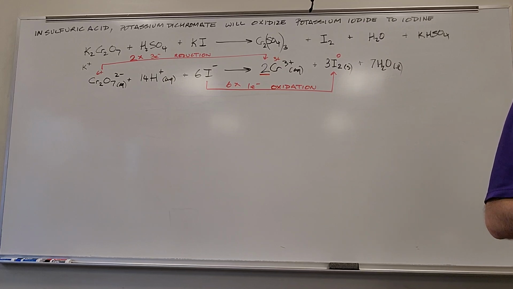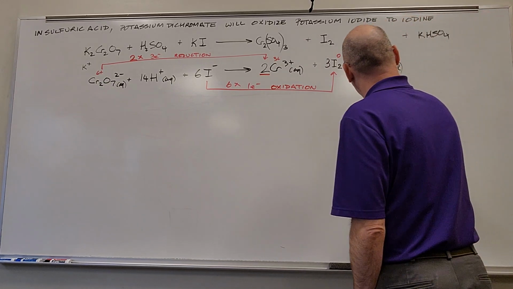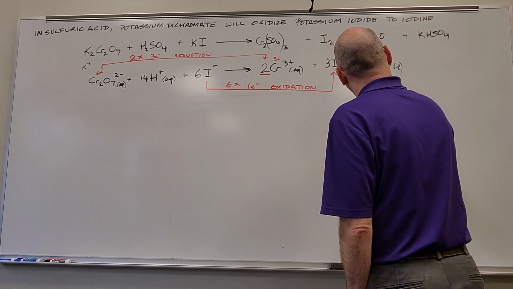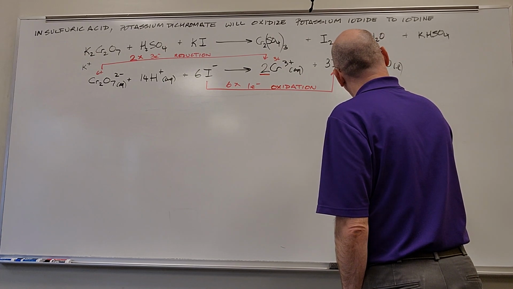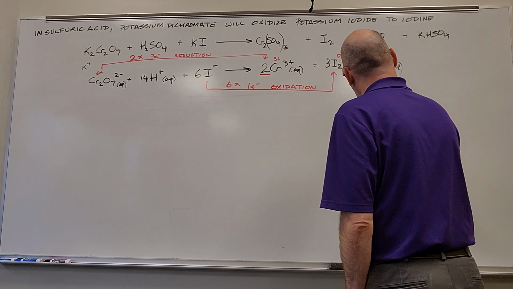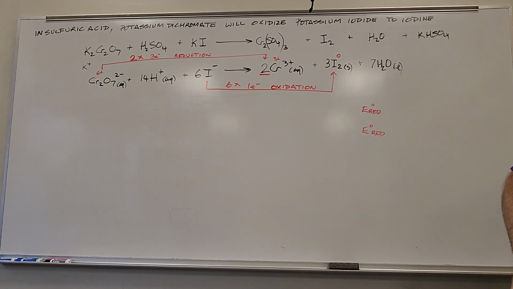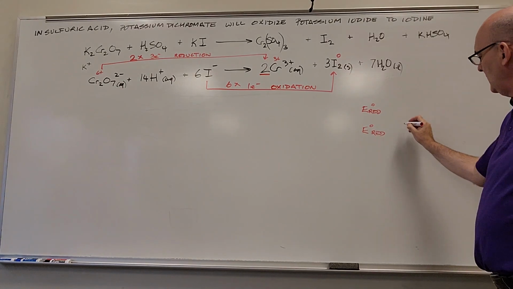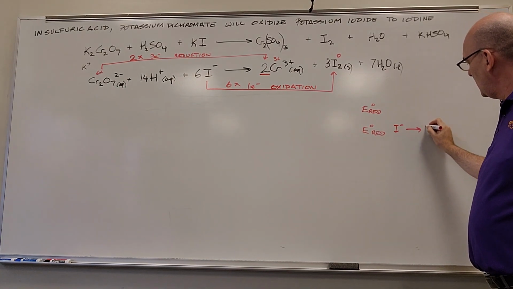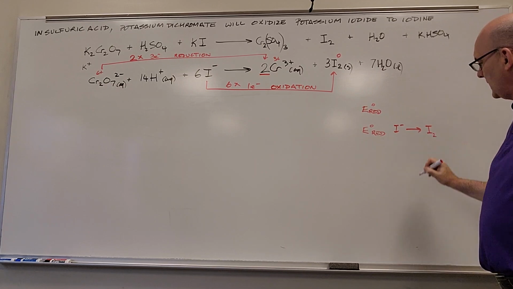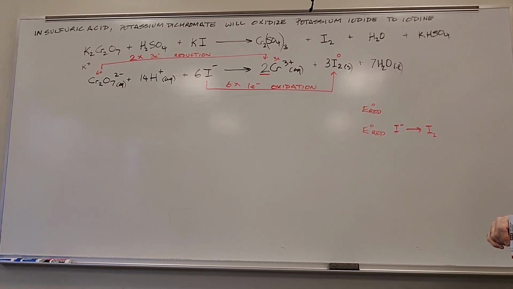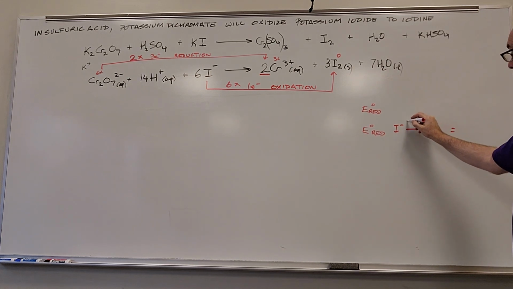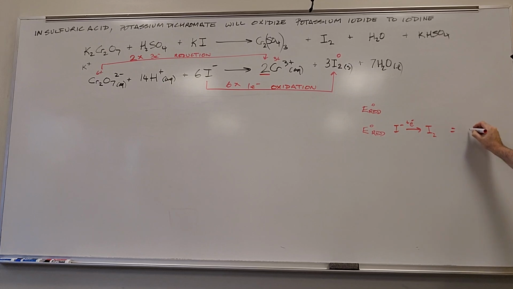Build the cell. The reduction potential for the iodine to iodide, plus an electron, is 0.54 volts positive.